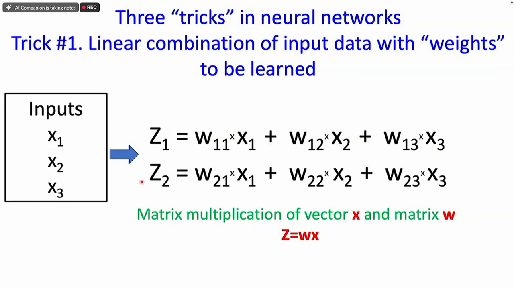And I do the same thing for z2. In mathematical terms, that is multiplying a matrix times a vector, which gives you another vector. And that vector can be smaller or bigger or the same size as the input vector. The number of numbers in z1, z2, z3, z4 can be different than the number of inputs. You just have a bigger matrix.